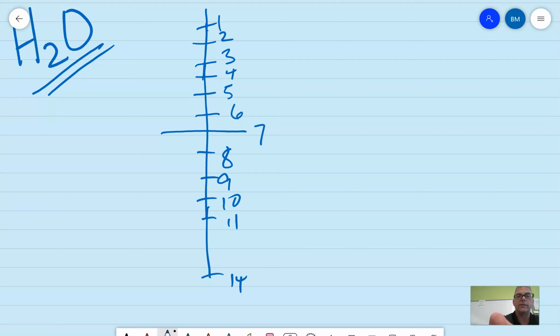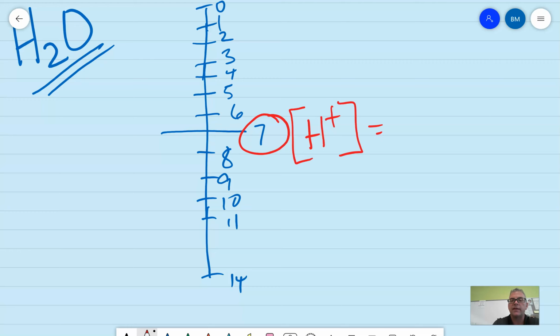This actually can go all the way down to 0. Okay, so if I jump in here, at this point I have a hydrogen ion concentration that's going to be 10 to the negative 7th. Okay?